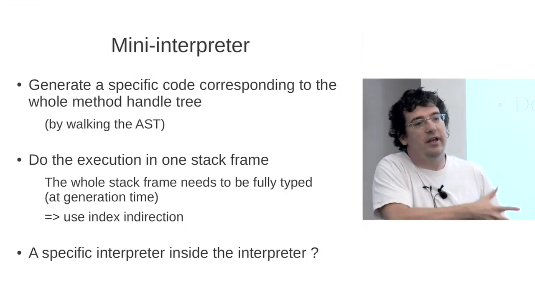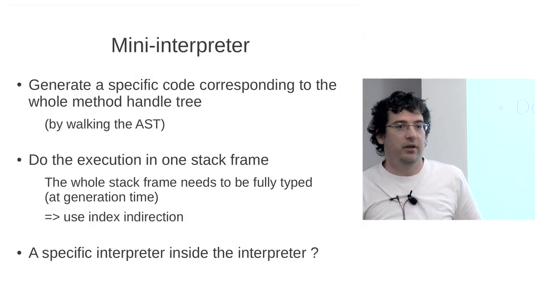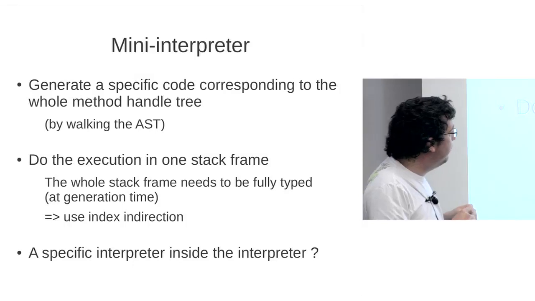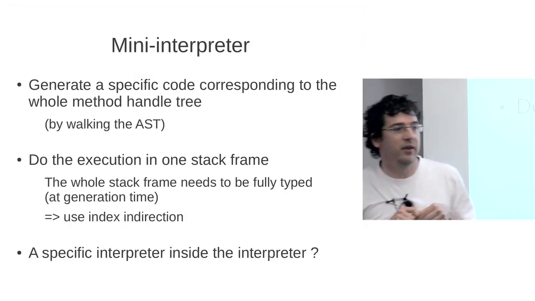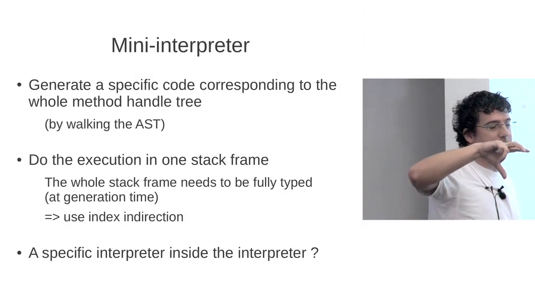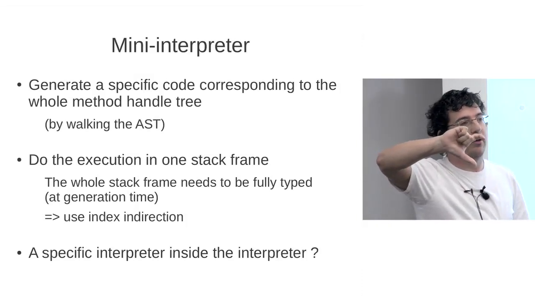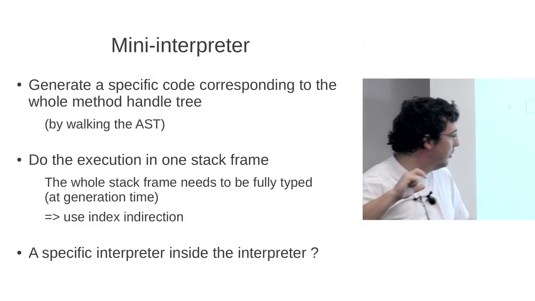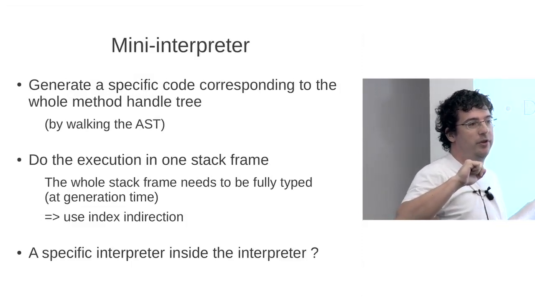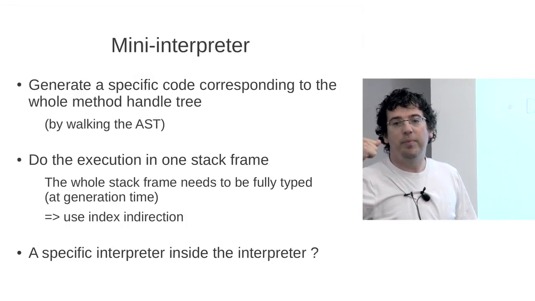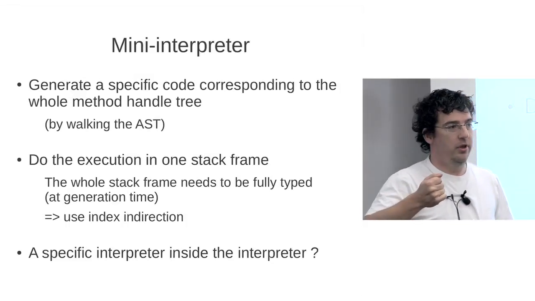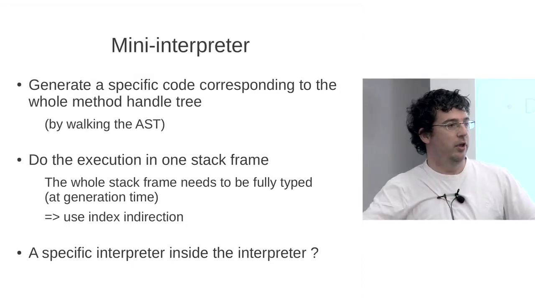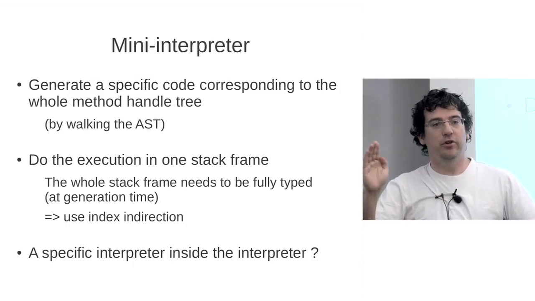It will be exactly like generating bytecode. I mean, it will have exactly the same issue. So to avoid that, instead of manipulating arguments, instead of manipulating values, we will use index indirection, which means that all operations in all opcodes will manipulate only indexes.